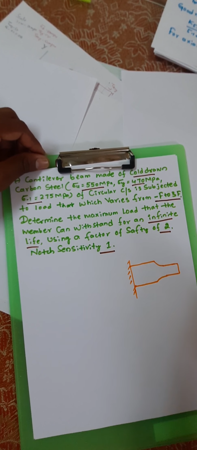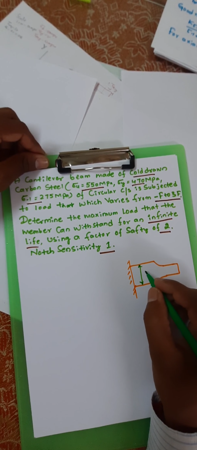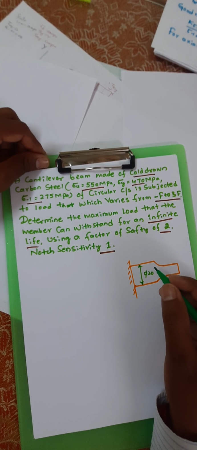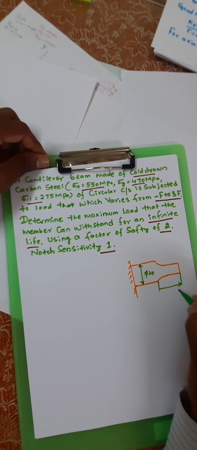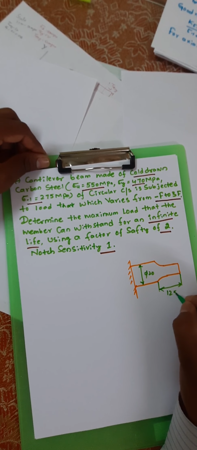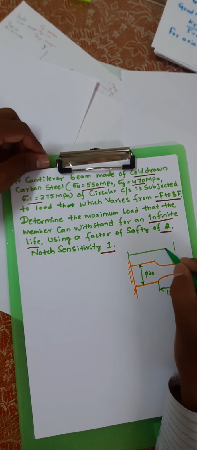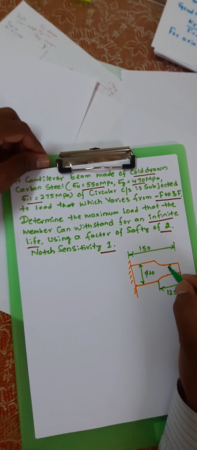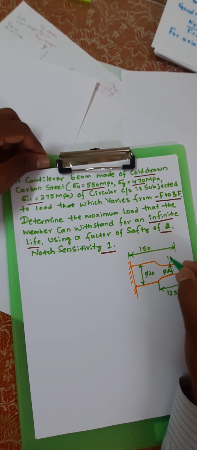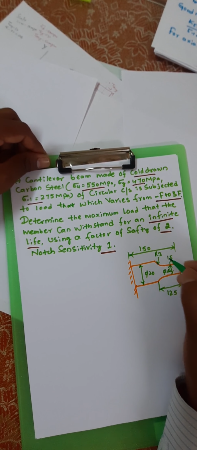The large diameter of the beam is 20 mm, and this length we have 125, and this length we have 150, and here the diameter is 15. And R, the radius of the fillet, is R3.